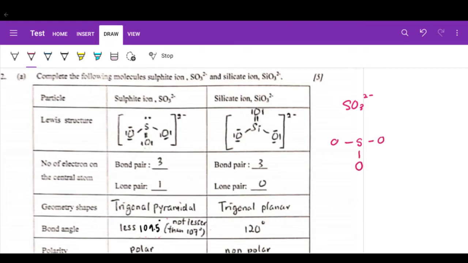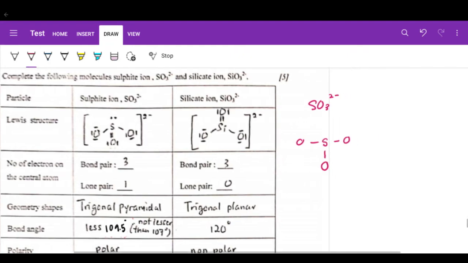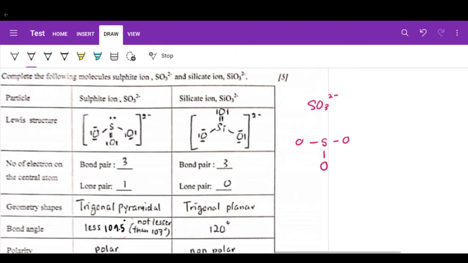Second, we have to calculate the total valence electrons. Sulfur has 6 valence electrons, plus 3 oxygens, each has 6. The negative charge means that you have to add 2 electrons.